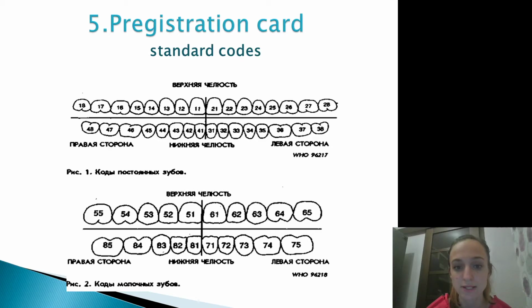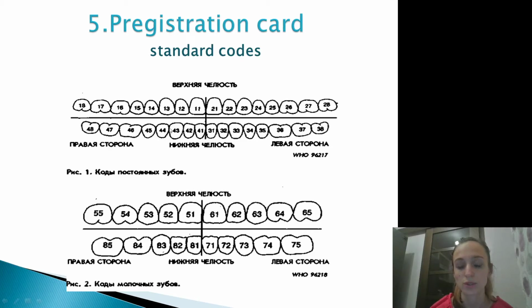You can see some sextants: first, second, third, and fourth. And the same in this formula: 1, 5, 6, 7, 8.